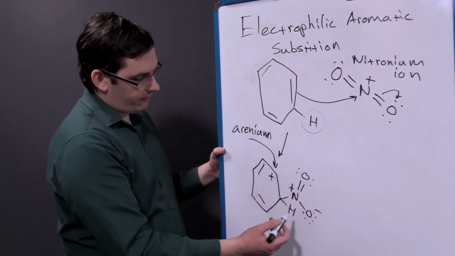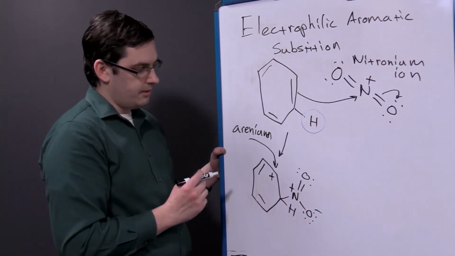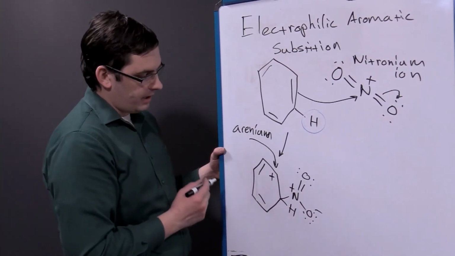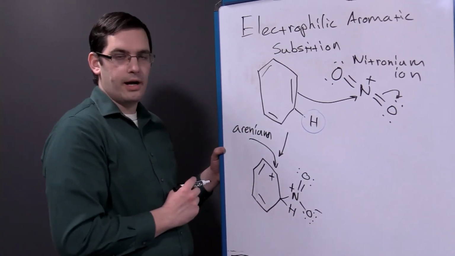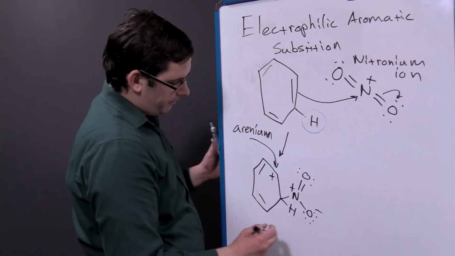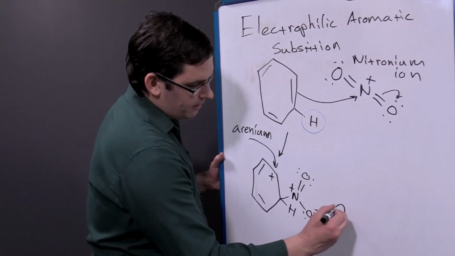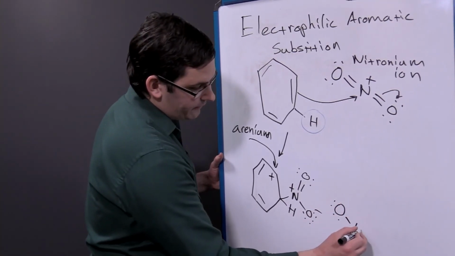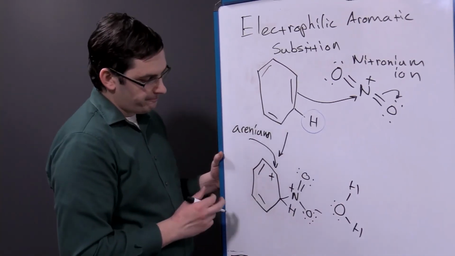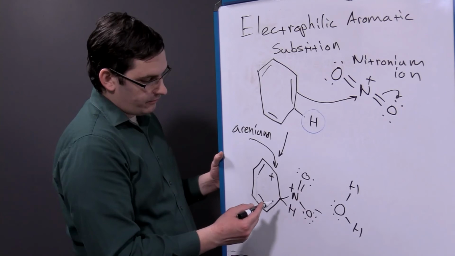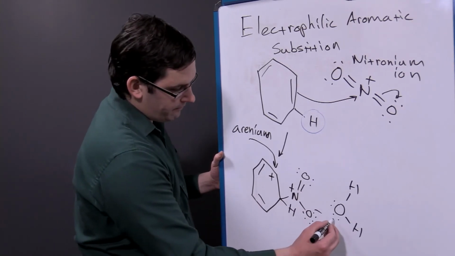Once we have added on our nitronium ion, we can then eliminate our arenium cation by kicking off our hydrogen. So we're going to bring in our water, which again was the other product of our initial reaction between sulfuric acid and nitric acid.